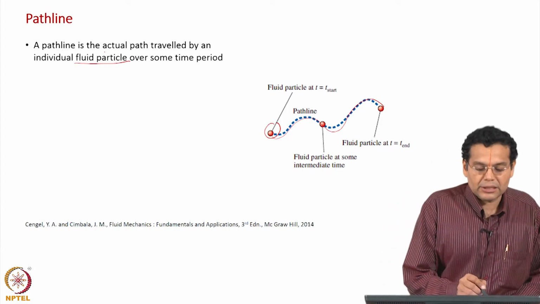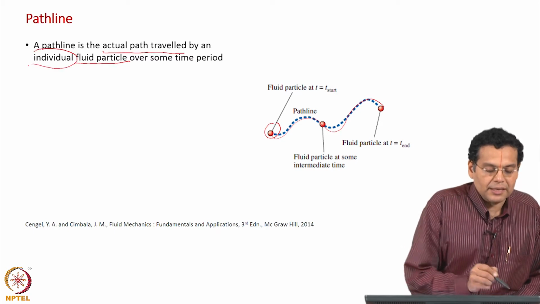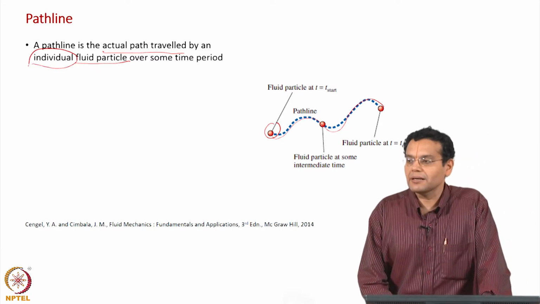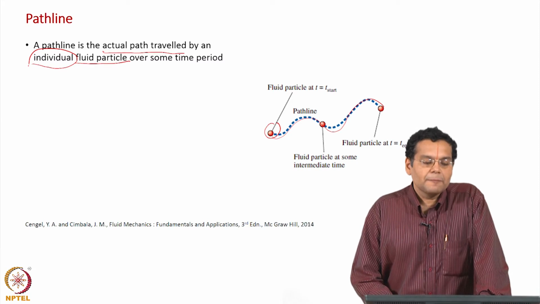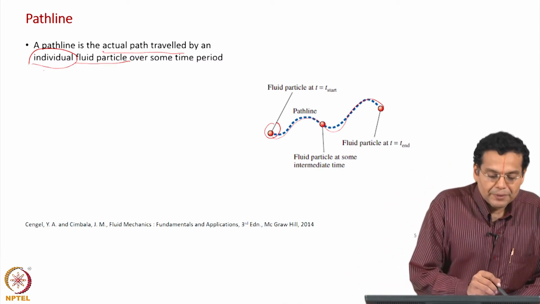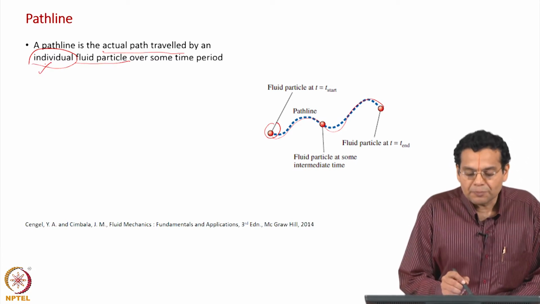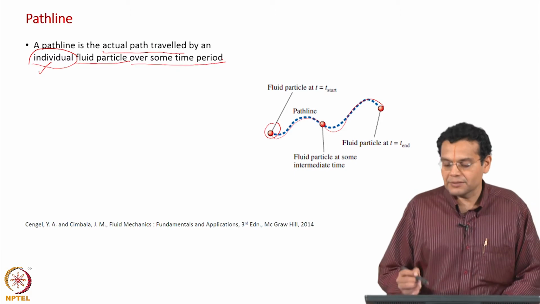I want to emphasize individual fluid particle, it will help you to understand later on when you discuss streak lines. So, path lines are for an individual fluid particle. Also I want to emphasize that it is over some time period, that is very obvious.